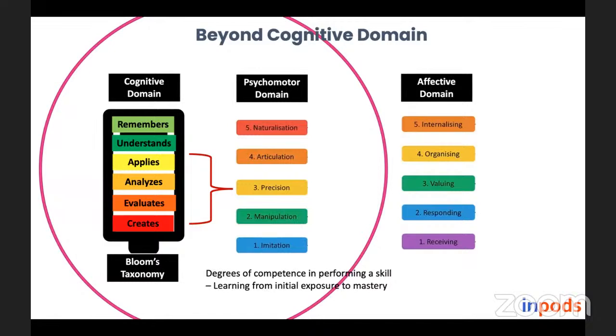So when you design your practicals or labs, your assessments for the students to be able to reach these levels, you have to also think about what kind of assessments you are designing.